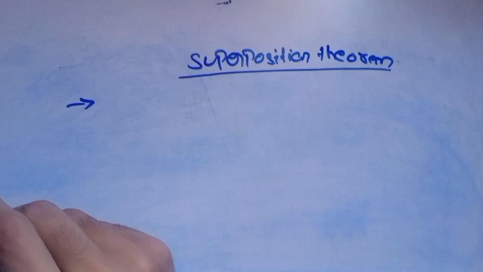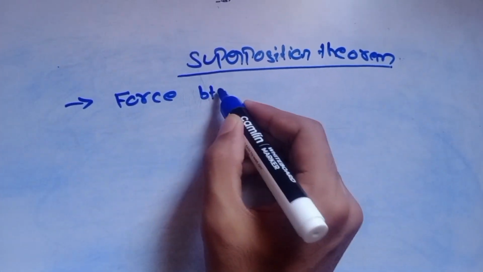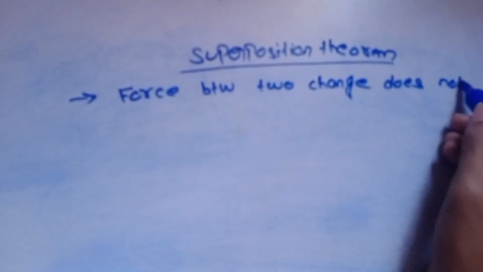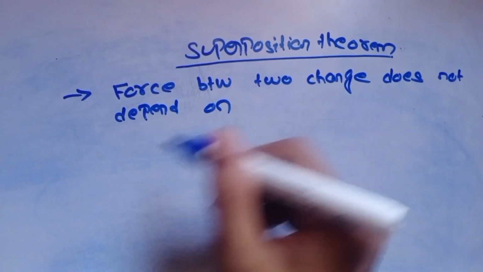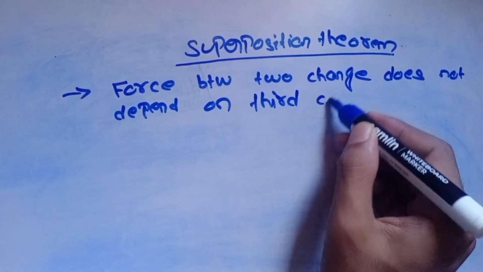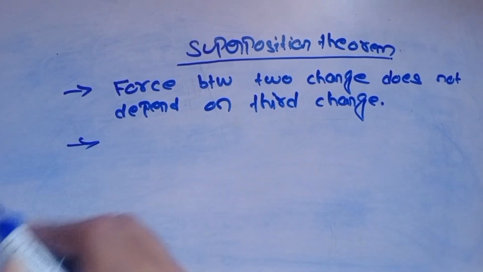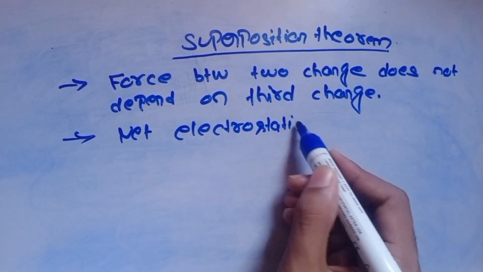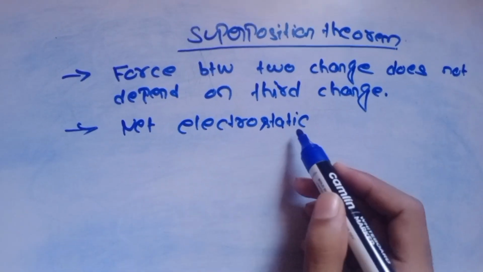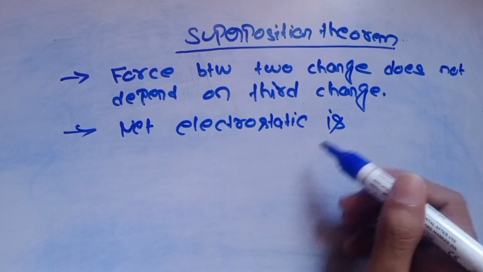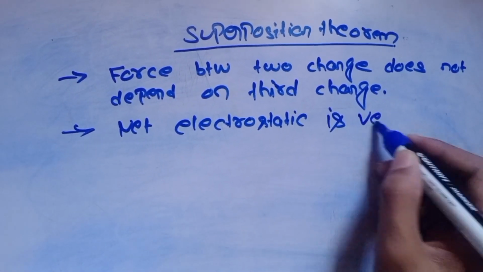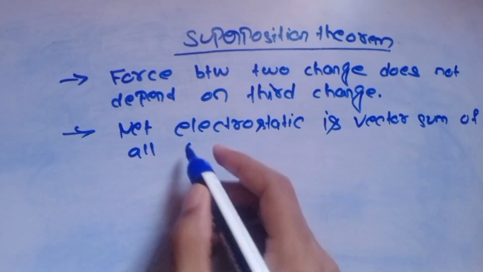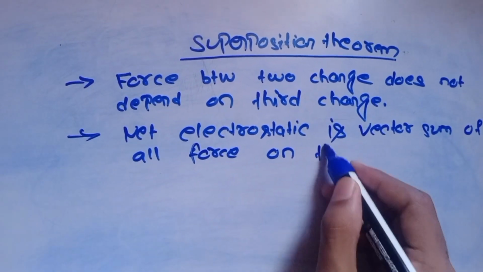The superposition theorem says that the force between two charges does not depend on a third charge or any other charge, and the net electrostatic force is the vector sum of all the forces on that charge.